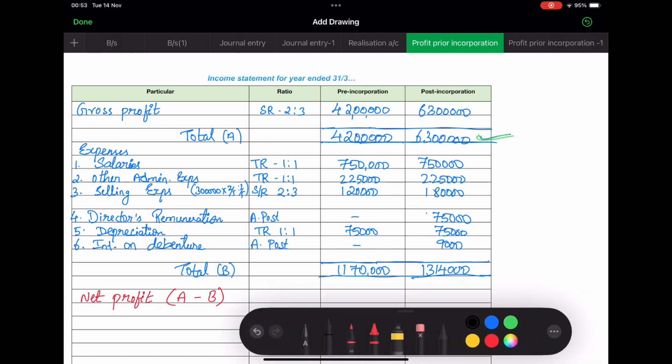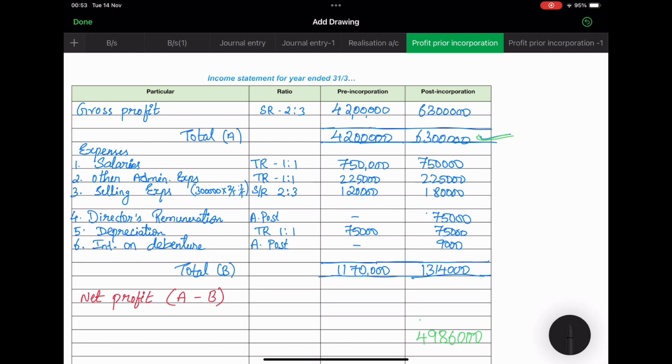Next, 42 lakh minus 11 lakh 70,000. If you calculate, the value will be 30 lakh 30,000.